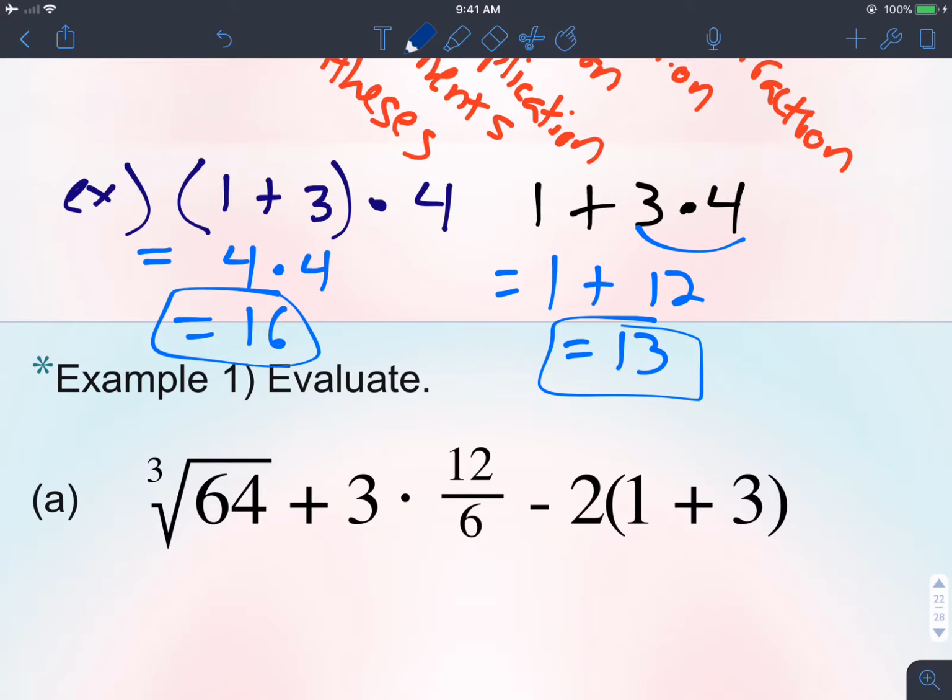Cube root of 64 plus 3 times 12 over 6 minus 2 times the quantity of 1 plus 3. I'll give you a minute to think about it.